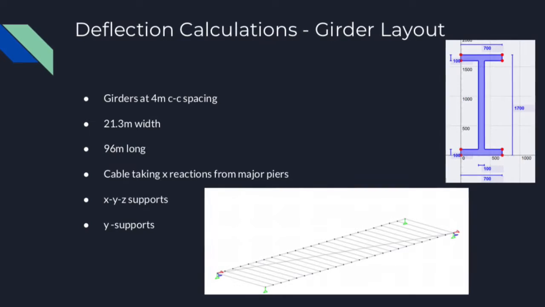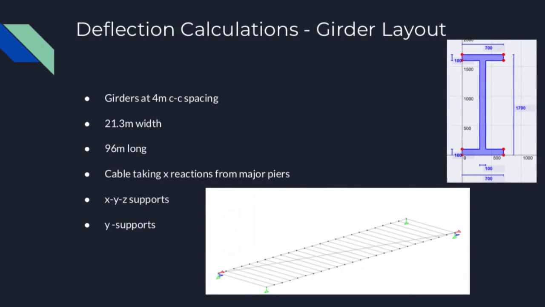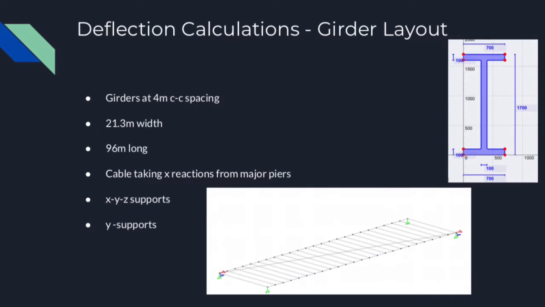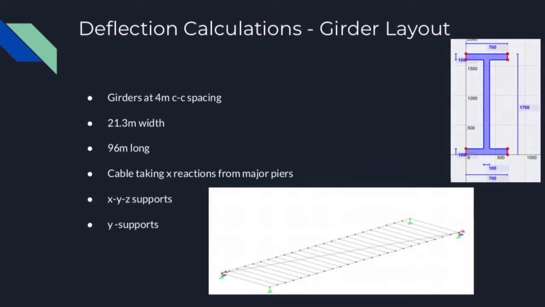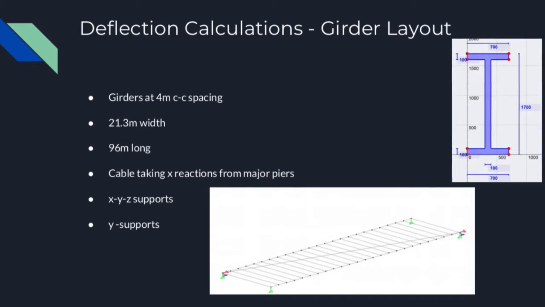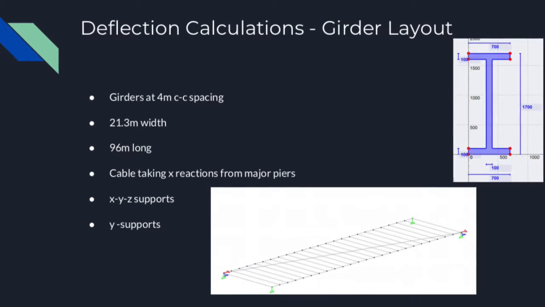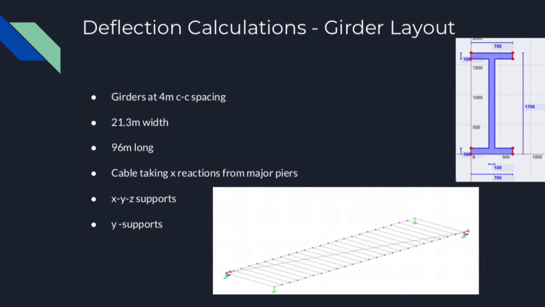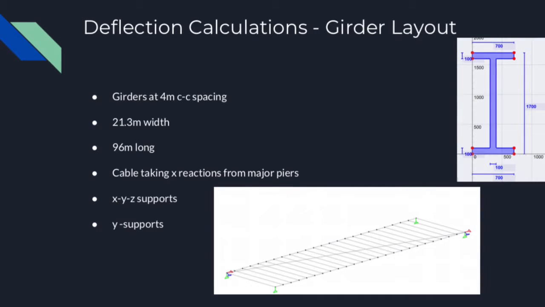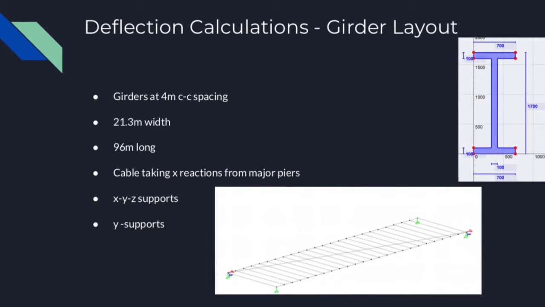According to an Institution of Civil Engineers report, varying girder depths were given, so we decided on a uniform depth of 1,700 millimeters. Additionally, no dimensions were given for the I-beams, so we estimated our data on the figures given and on ratios. Additionally, a cable is present in the bridge, taking the X-reaction forces from the major piers.